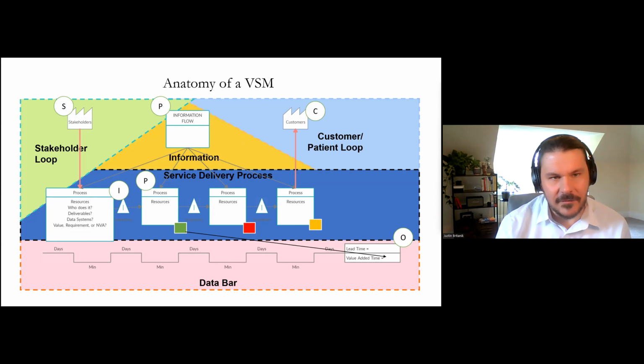And then we have our information flow in the middle. If you think of a more traditional flow chart, those database symbols, that information flow, it's kind of the same. We're just really centralizing. And it's nice because so much of our processes are now electronic that this is that central hub of information.